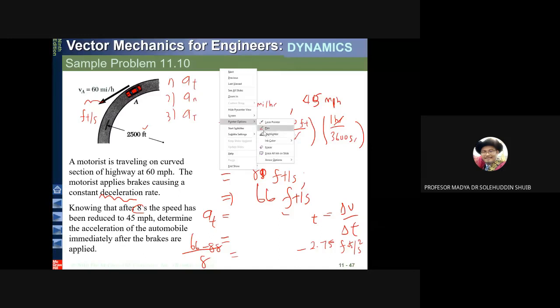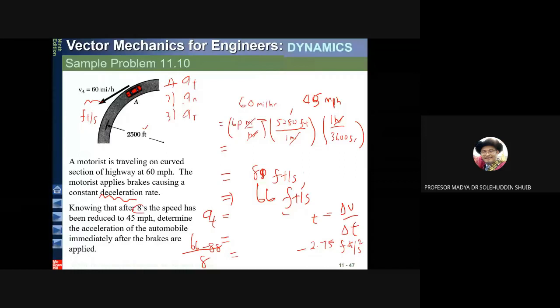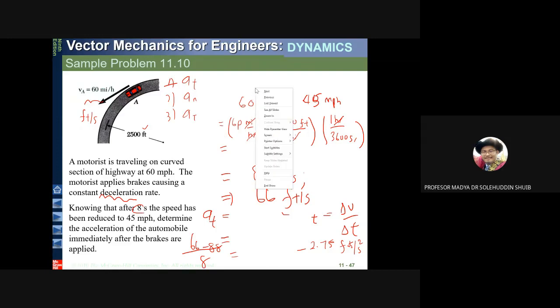Then we proceed to find another one. Now we want to find the normal acceleration. Immediately after the brake has been applied, the speed is still 88 feet per second. Allow me to erase this one.